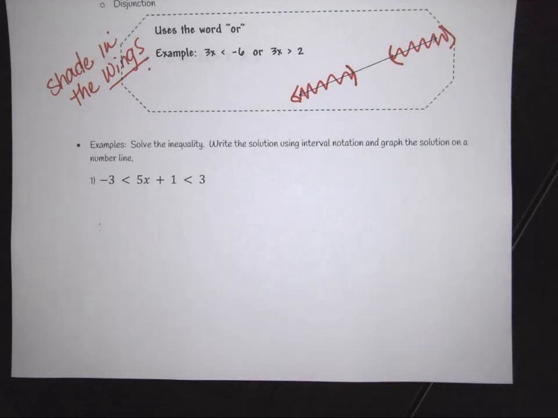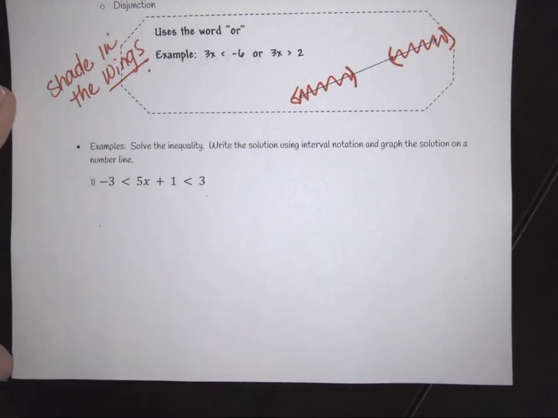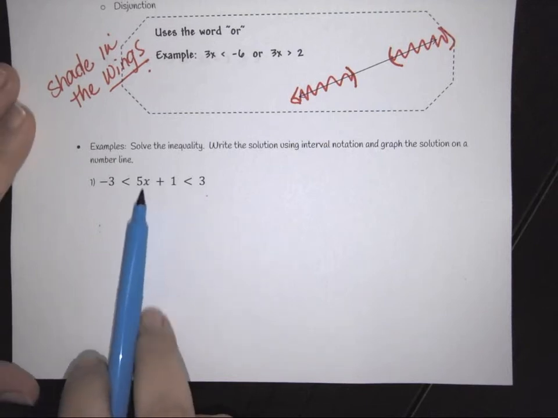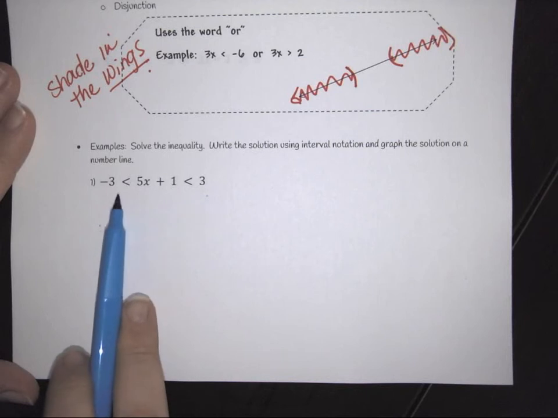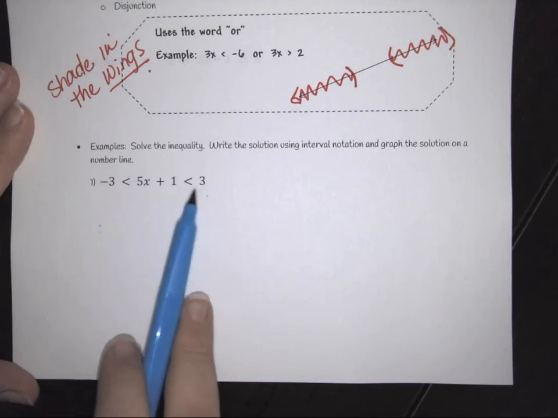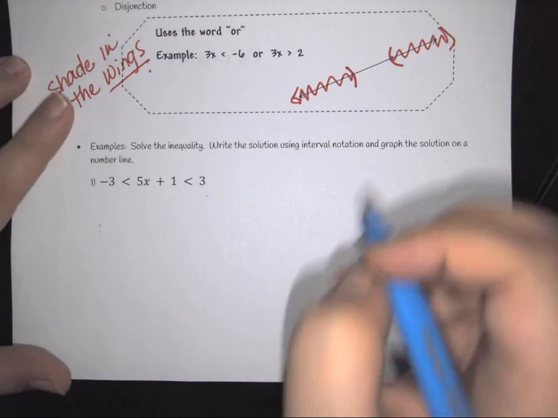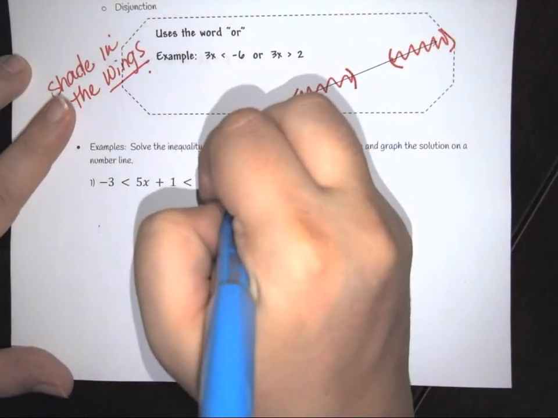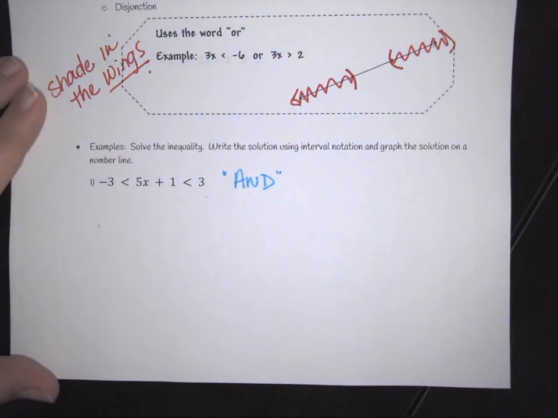So let's give this a try. I have this equation right here, and my problem says to solve the inequality. Notice I have a common term here in the middle. My inequality signs are facing the same direction, and I have two different boundaries on the outside. So the first thing I would do is identify that this is an AND inequality.